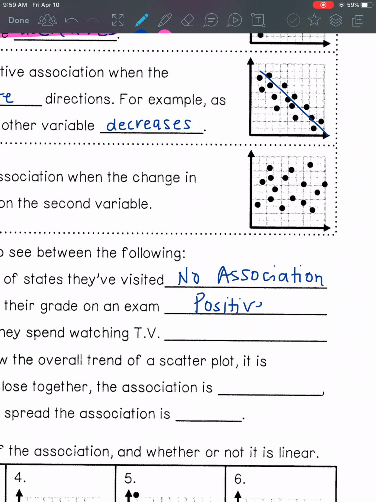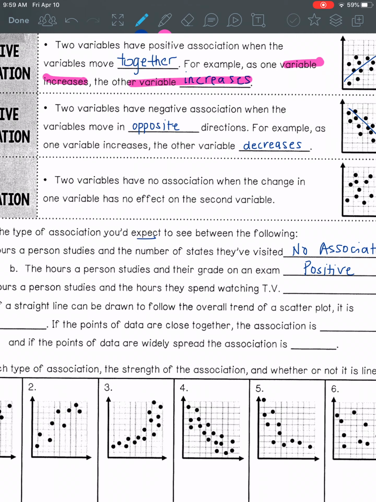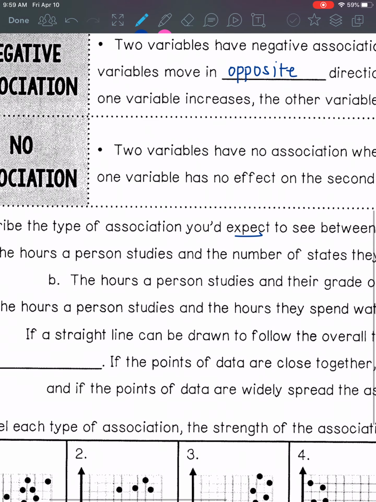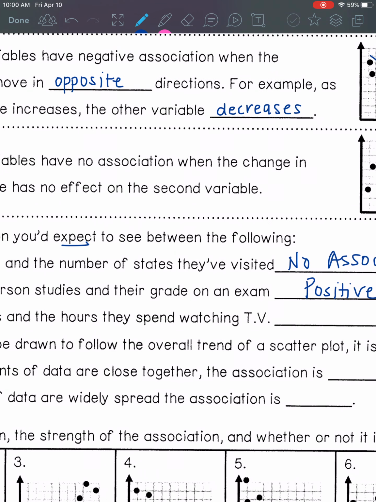Okay, and then last example here, the number of hours a person studies and the hours they spend watching TV. If the hours a person studies is increasing, what's happening to the hours you're spending watching TV? Hopefully, the hours you're spending watching TV is going down because you're focusing on your studying.